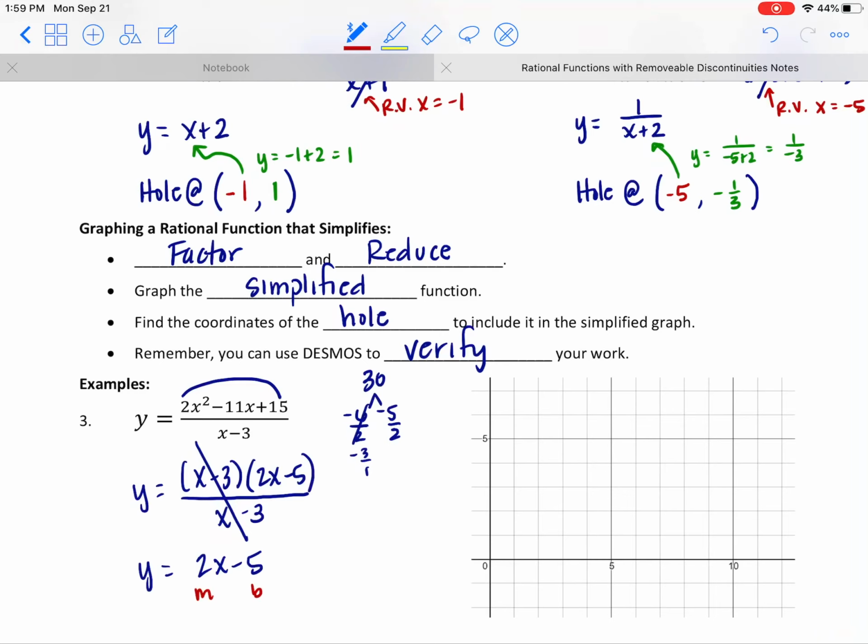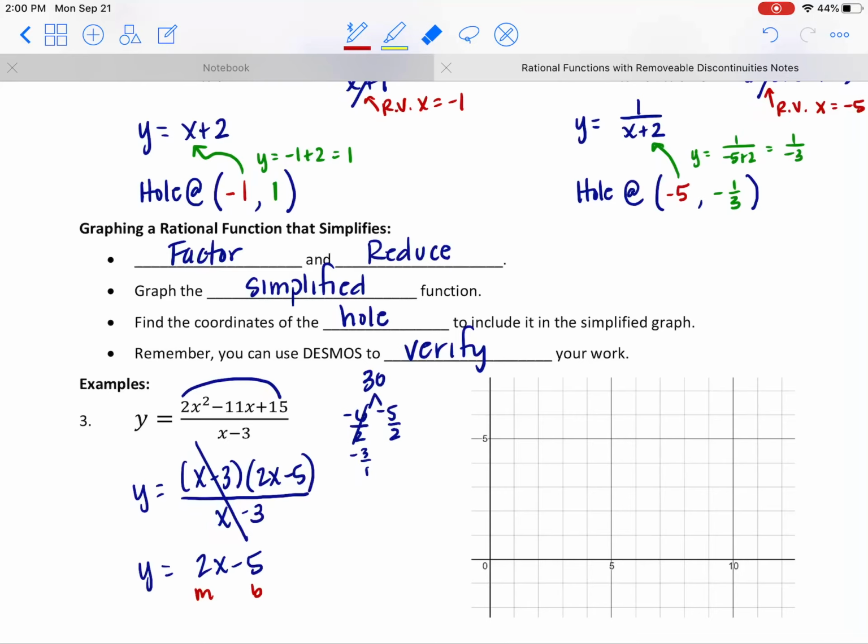A y-intercept at -5 means it's going to cross the y-axis down here somewhere at -5. And then from there, because the slope is 2, or 2 over 1, we would rise 2 and run 1 to get to the next point. So technically, I should be starting down here, and then I could go up 2, right 1, make another point, and then connect those points to make my graph.